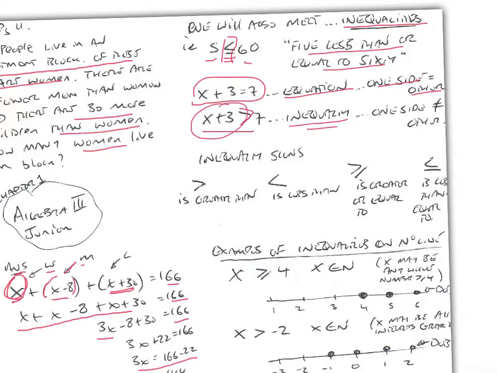This side is not equal to this side, okay? And there's 4 different types of inequality signs. We're just going to mention all the facts here before we start working on examples, okay? The first sign looks like this, is greater than. The second one is less than, is greater than or equal to, is less than or equal to, okay?